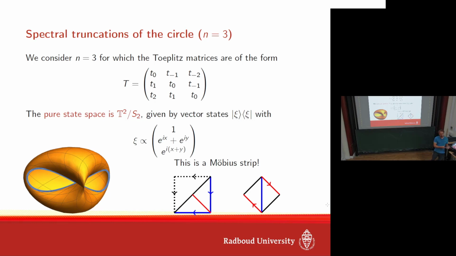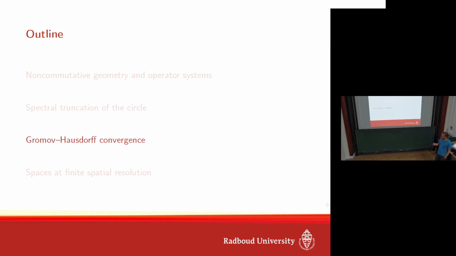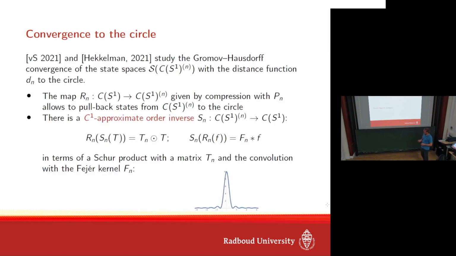But that was n equal to 3. Now the other direction, so large n. That's where I invoke this Hausdorff convergence, also related to other works on quantum metric spaces. This is what I did directly after that.